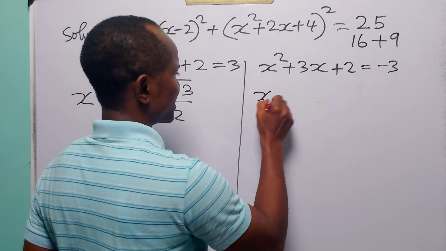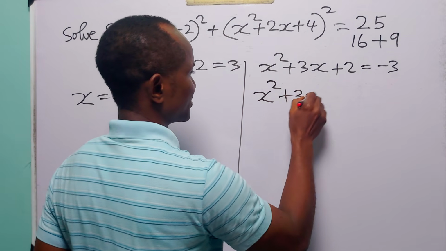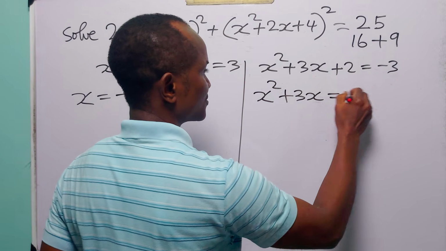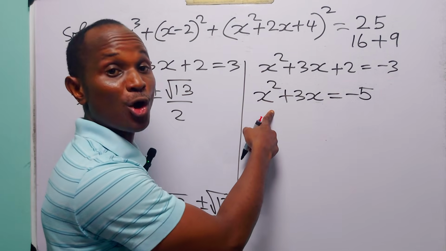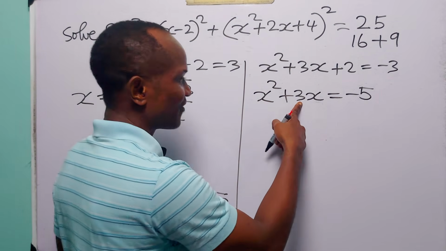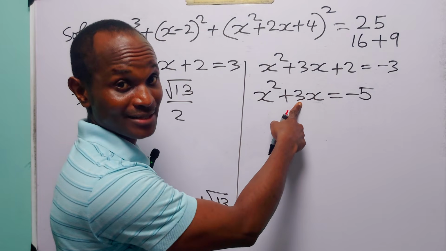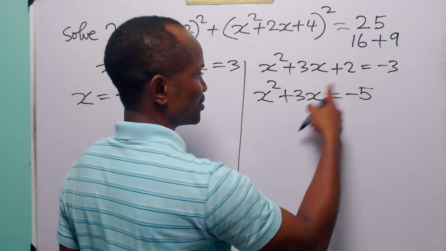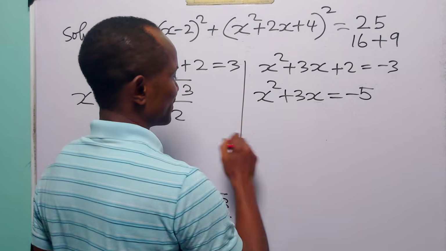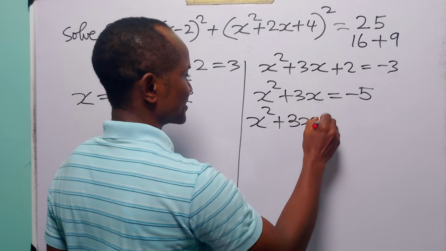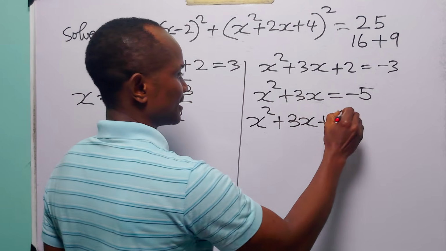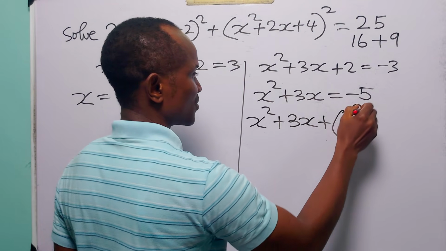Now, going over to the second equation, once more, we subtract 2 from both sides of the equation. When we do that, we have that x squared plus 3x is equal to minus 5. To complete the square on the left-hand side, we divide the coefficient of x by 2, square it, and add to both sides of the equation. When we do that, we have x squared plus 3x plus (3 over 2) squared.